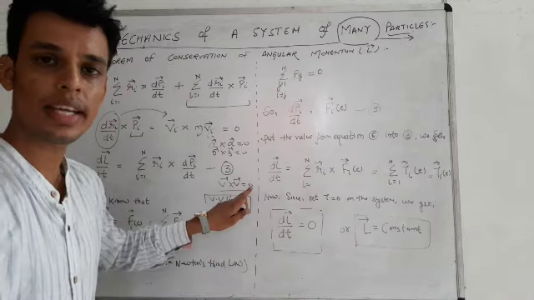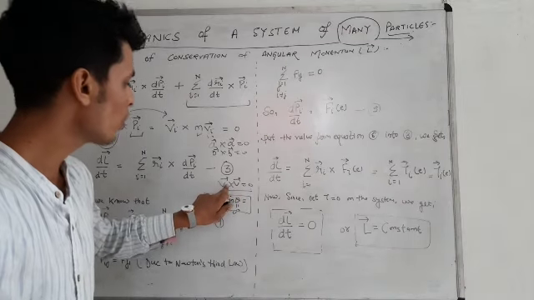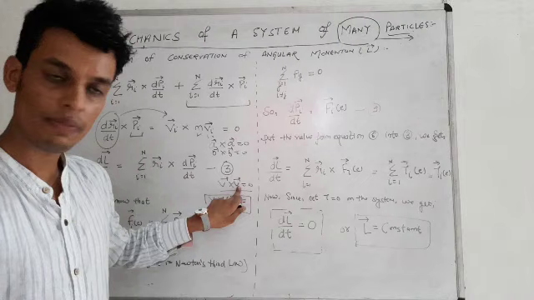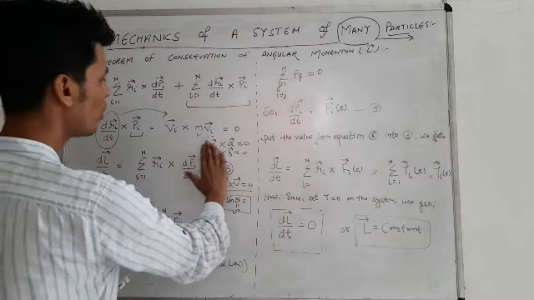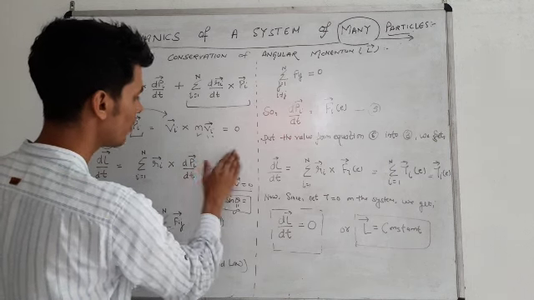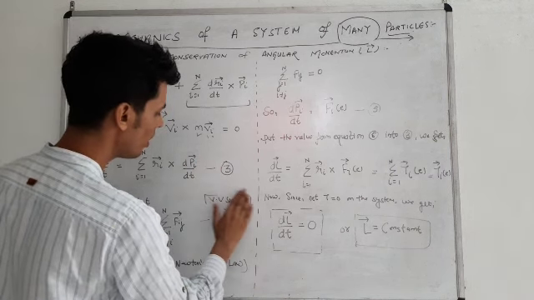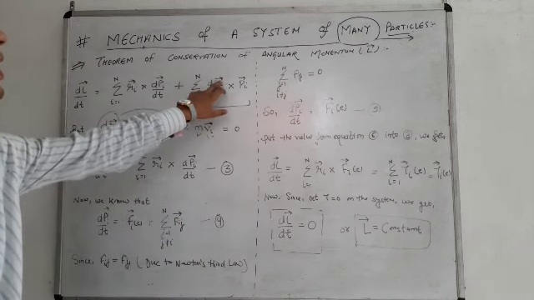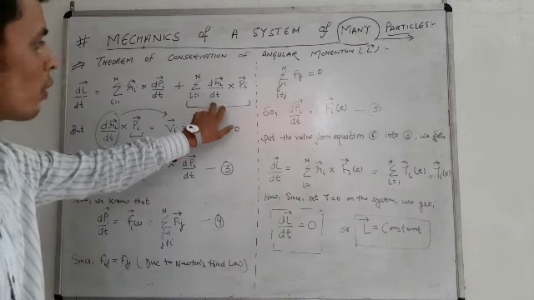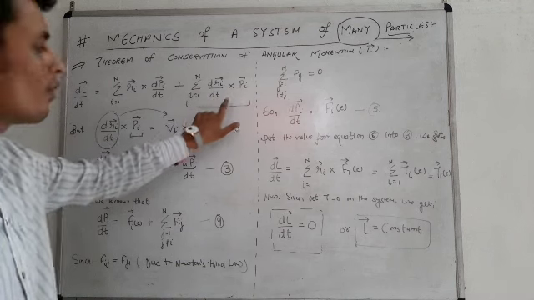So the velocity cross product with the same velocity will be 0. It will not cancel out, it will end up being 0. So dri upon dt cross product with velocity will be 0.